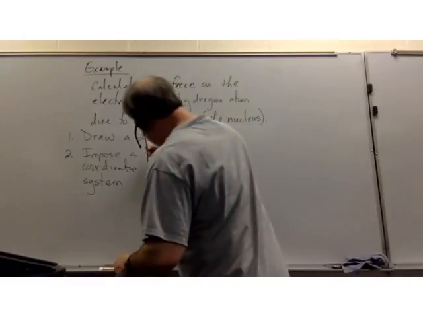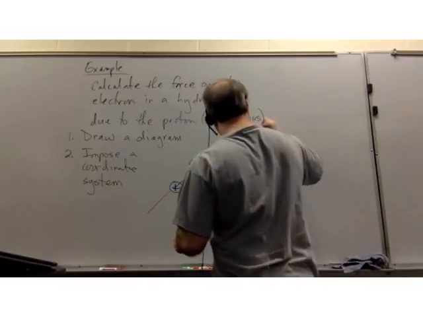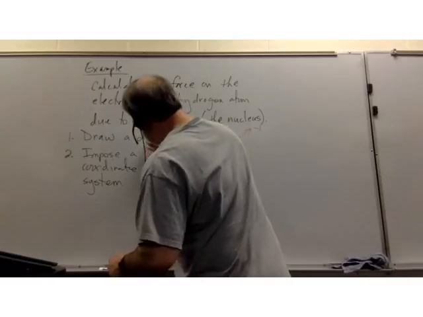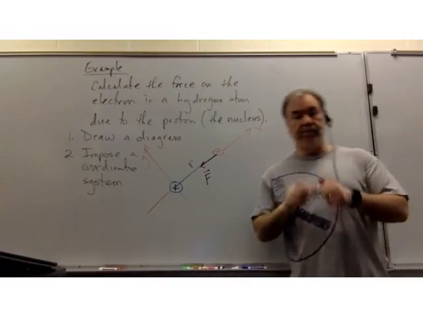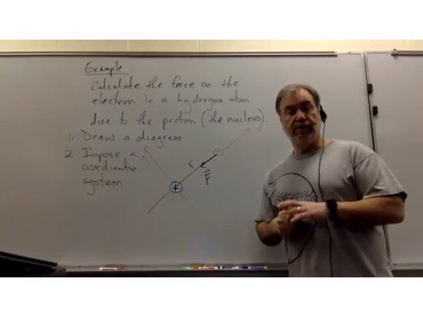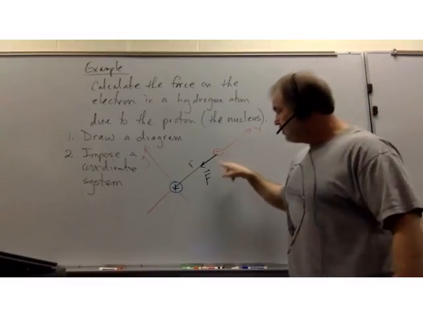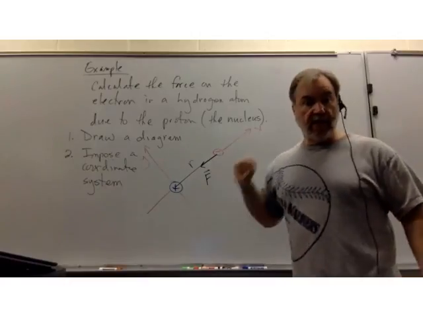So I will define my x-axis to point like this, and my y-axis there, so that the origin of my coordinate system is located at the position of the proton. With this choice of coordinate system, you see our force vector is pointing in the negative x direction.